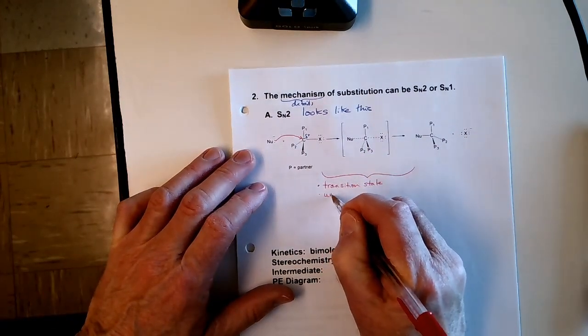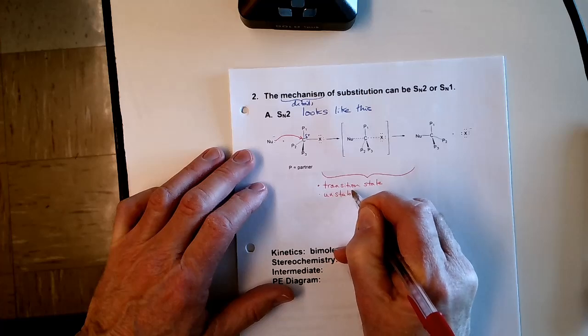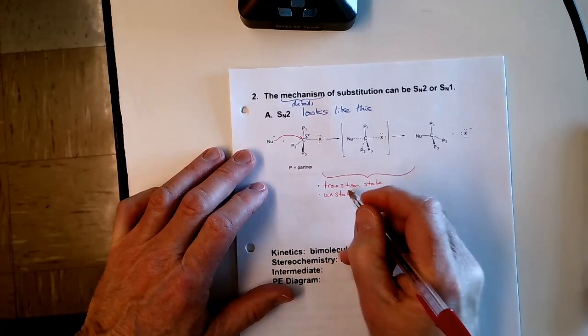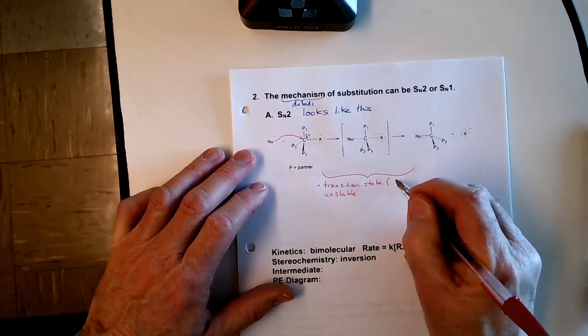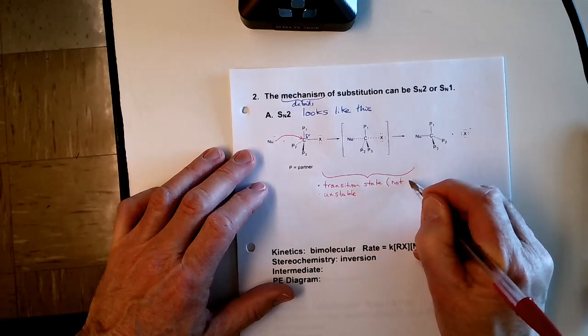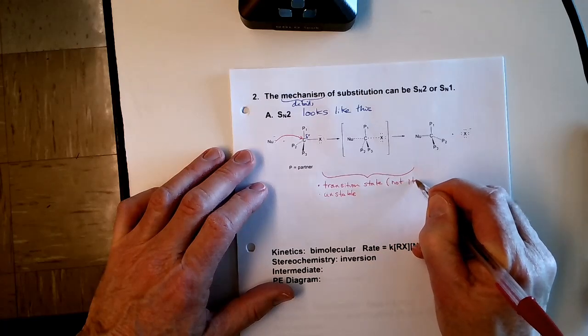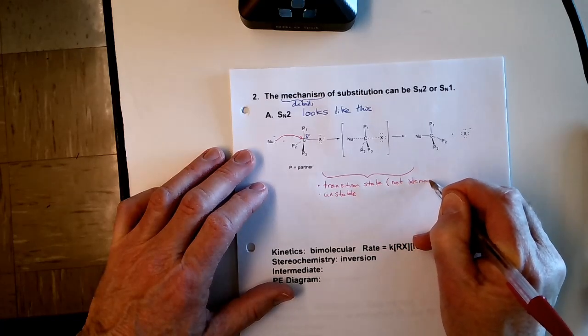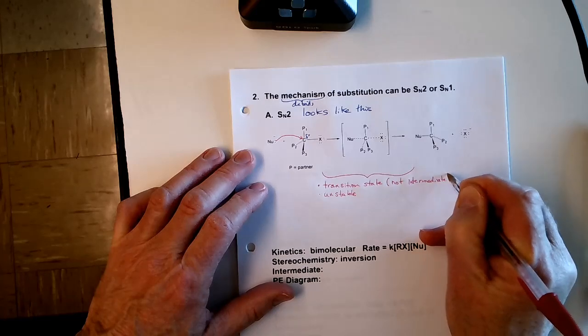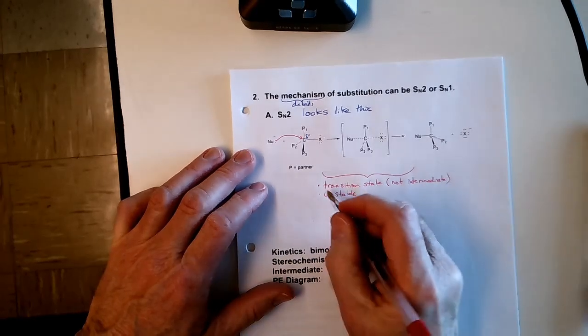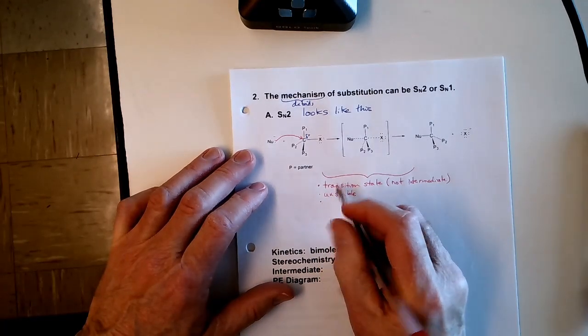This thing is so unstable that there's no way that you will ever isolate it. And by the way, transition state is not the same thing as an intermediate. Keep that distinction in mind. It's unstable, it can't be isolated.